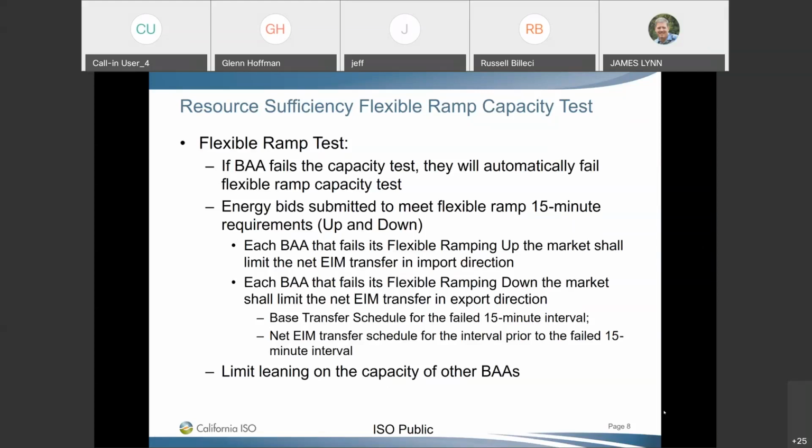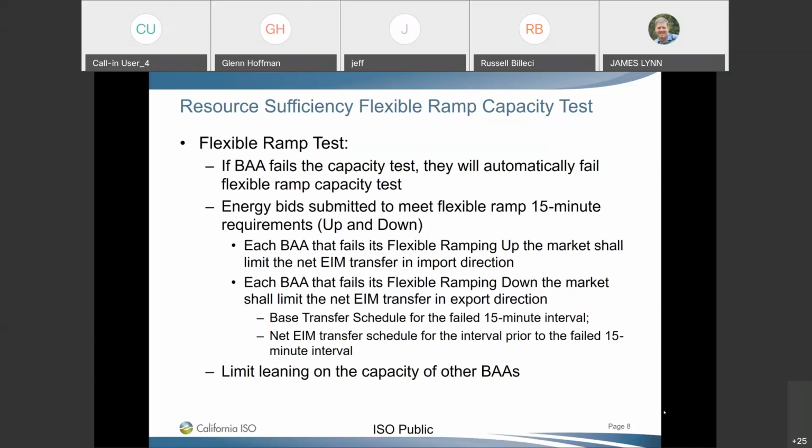Now, the ramification of this is that we are going to lock the import direction of your ETSRs. And the reason we do that is because if you fail your flexible ramp up test, you are coming into the market in a situation where, if that uncertainty materializes, you have to lean on another balancing authority area in order to resolve that net load change.